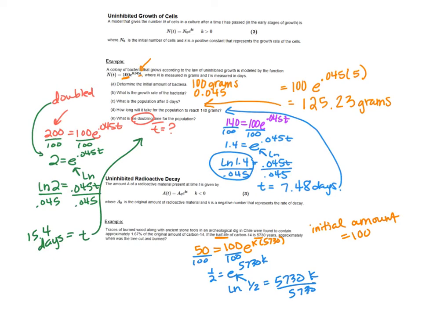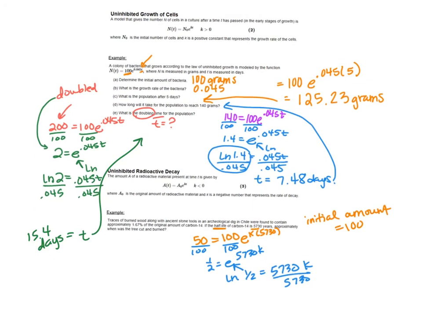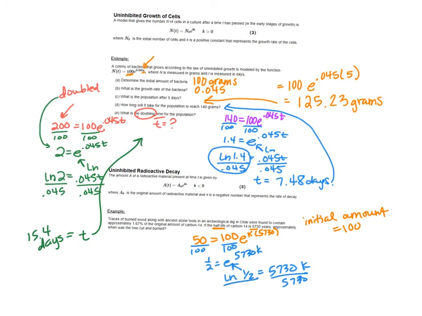Before I actually go to my calculator, I want to divide it, okay? So dividing by that 5,730, we're going to get K to equal negative 0.00012.